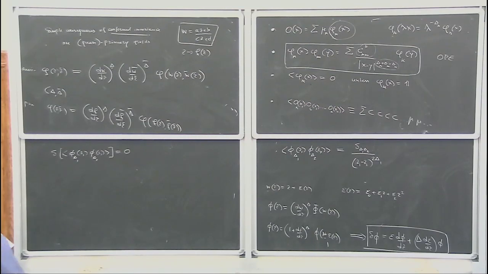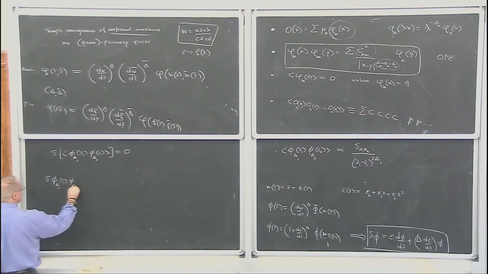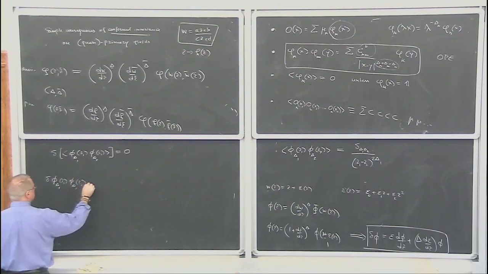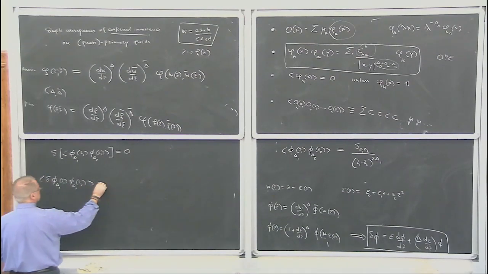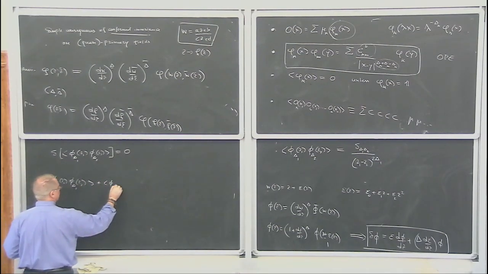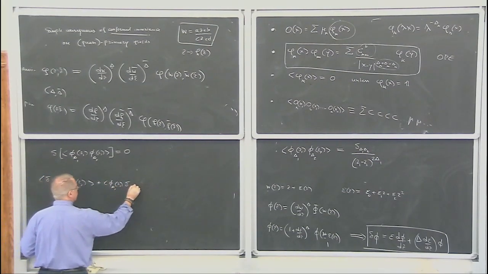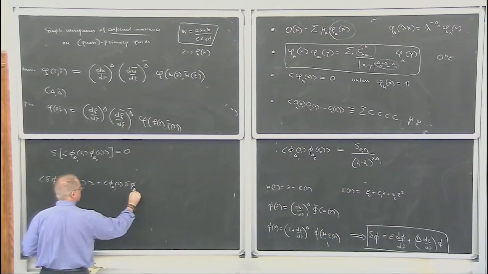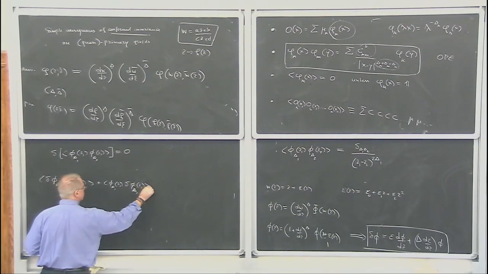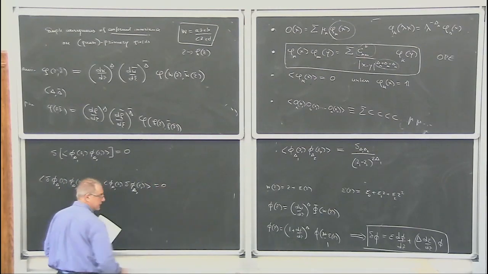Okay? So I have delta phi delta 1 z1 phi delta 2 z2 plus phi delta 1 z1 delta phi delta 2 z2. And this has to be equal to 0.